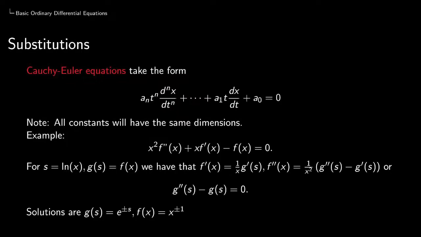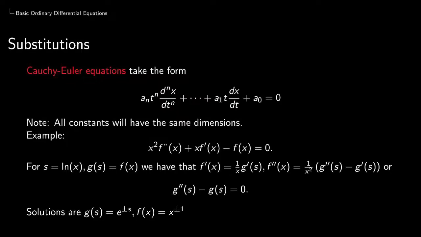And because of that equidimensionality, we can make a substitution. So we have this example of x squared f double prime of x plus x f prime minus f of x. And we make the substitution s equals the log of x. And the reason why we can get away with using log of x is because there's no explicit dependency.